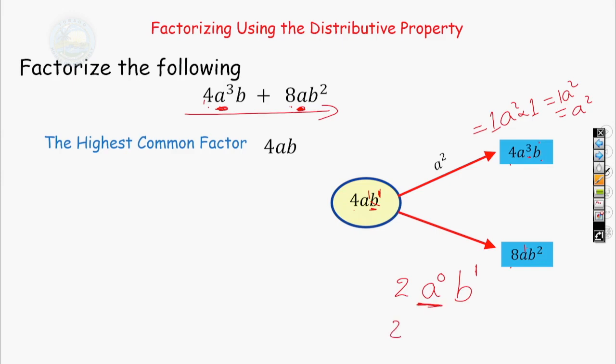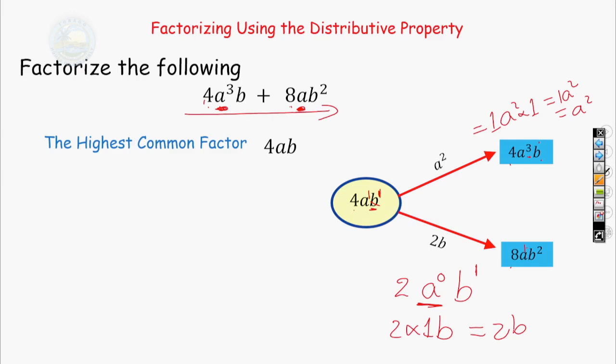So this here is 2 multiplied by 1b, and 2 multiplied by 1b is simply 2b. Let's see. Yes, we are correct. So therefore 4ab multiplied by a squared is going to give us 4a cubed b. That's our first term. And 4ab multiplied by 2b gives us 8ab squared. That's our second term.